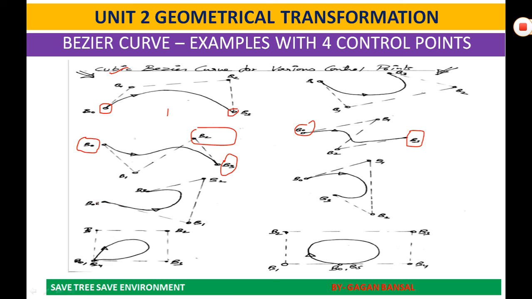Hope you are clear with what kind of curve the Bezier represents. This is B0, this is B3. Here, since the first and the last points coincide, it is a closed loop. Similarly, if it is somewhere in between, these kinds of figures are achieved for cubic Bezier curves.